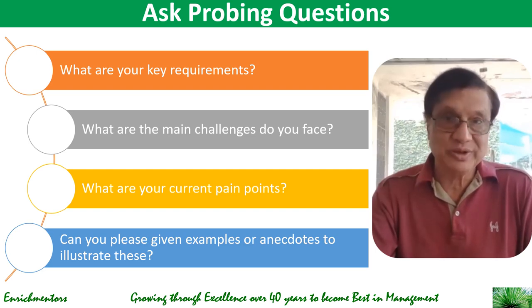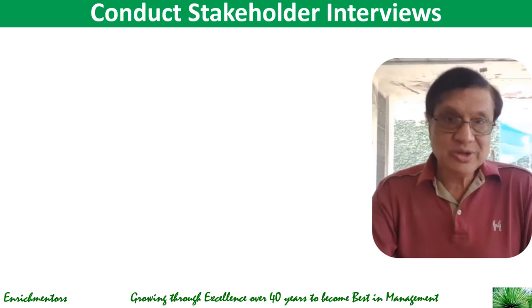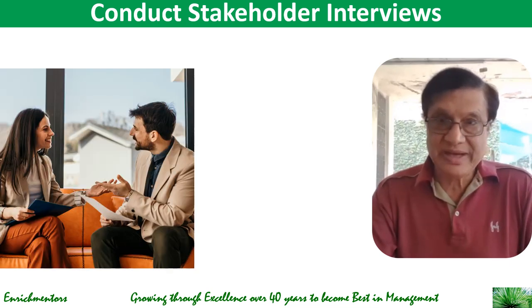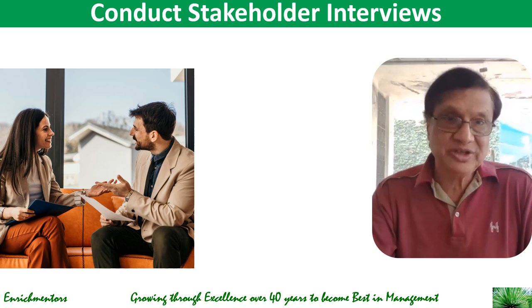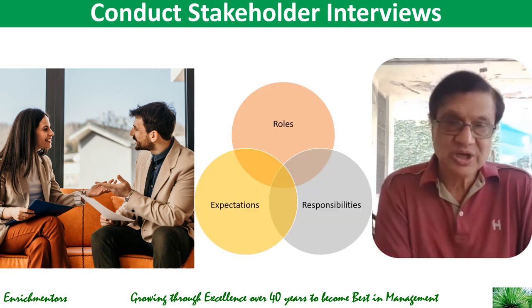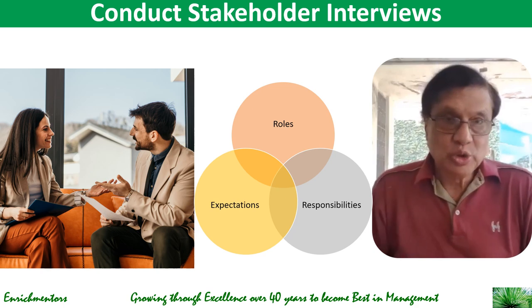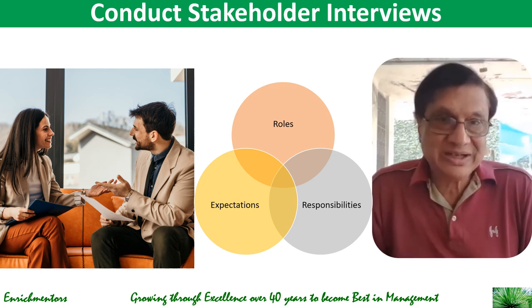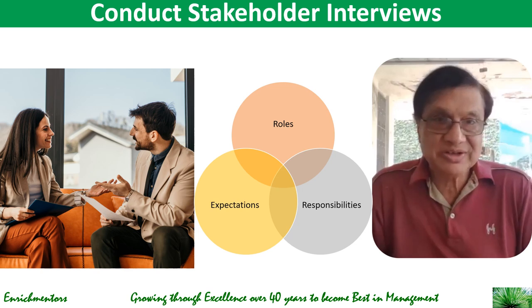Conduct stakeholder interviews, one-on-one interviews with key stakeholders, to gather information about three things: roles, responsibilities, and expectations of the AI project. Roles and responsibilities will give pointers to what could impact them, what they could be interested in.